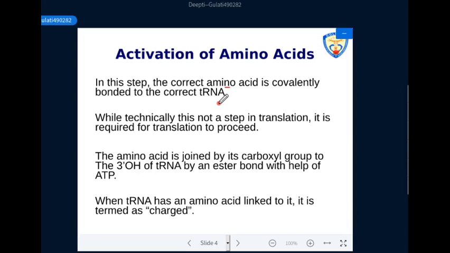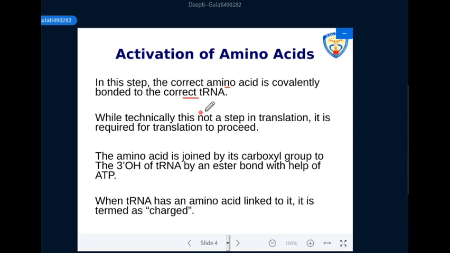So if we are activating methionine, the enzyme will be methionine tRNA synthetase. That enzyme will identify a particular amino acid, activate it, and then bind that amino acid to the correct transfer RNA molecule. For every amino acid, there is a particular enzyme, and a specific transfer RNA.